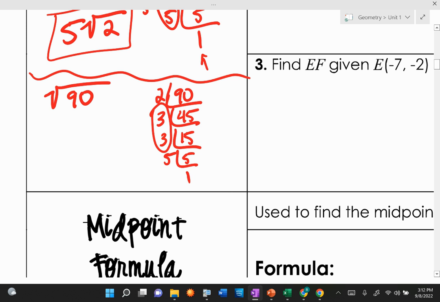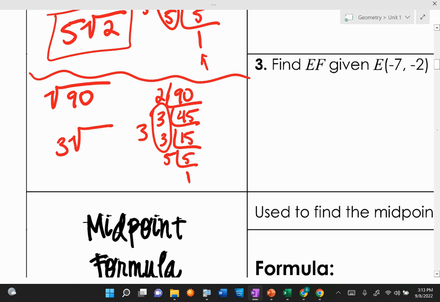A very common misstep that I see is that you multiply these together. Don't multiply the pairs together. That's just a 3. Now, if I had another pair of 3s, you would multiply those 3s together, but since there's only one pair of 3s, it's just a 3. 3 will go on the outside of the radical.